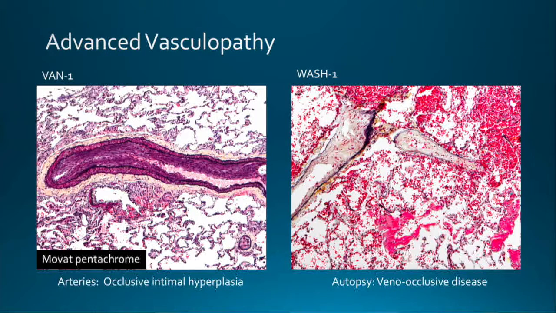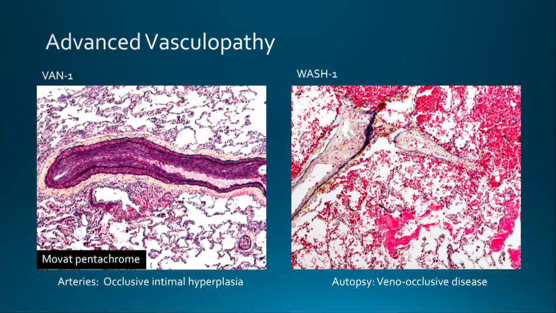Next slide. So you've heard about pulmonary hypertension, and certainly that was present in quite a few cases that we looked at. And this was not subtle hypertension. This was quite severe.